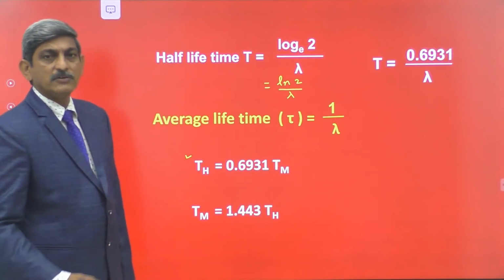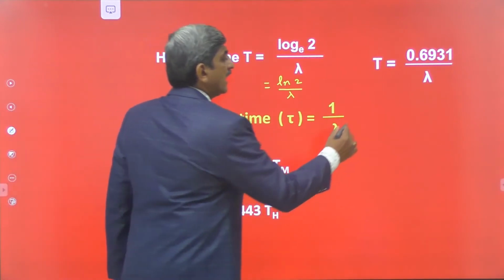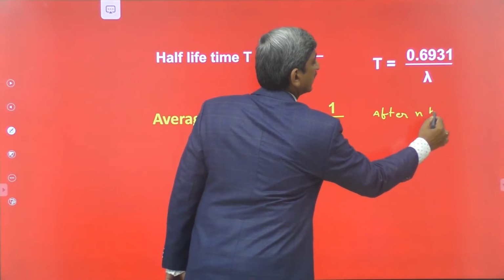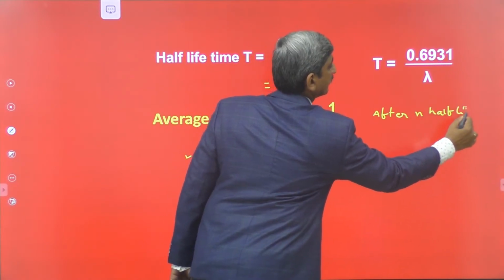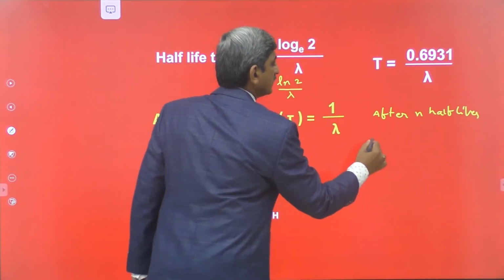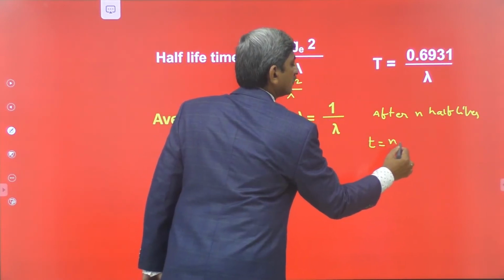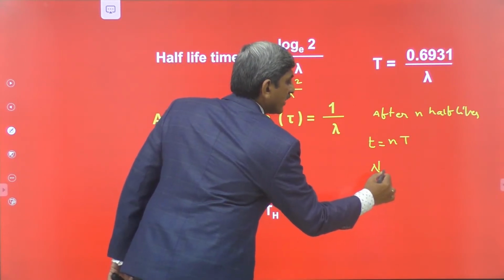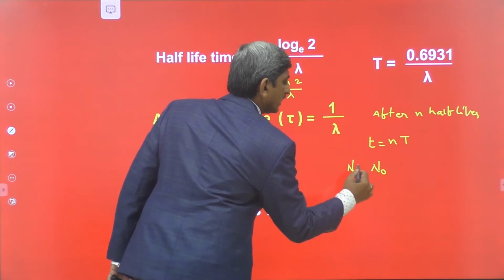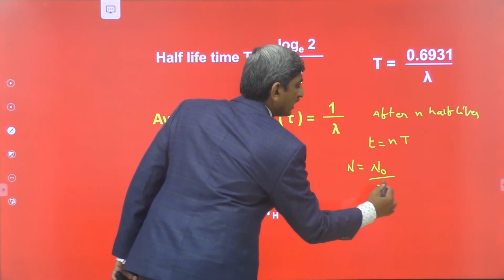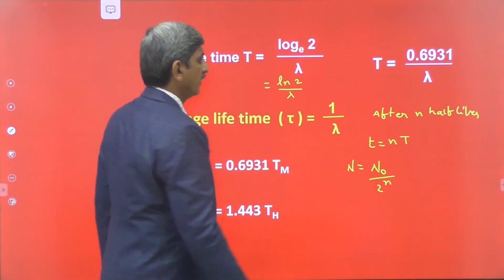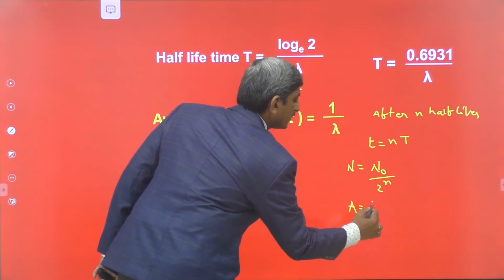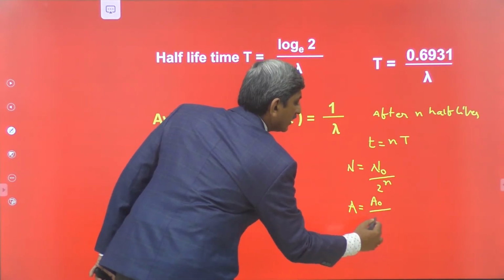In addition to that, we studied three more formulas. After n half-lives, that means when the time t is equal to n half-lives, the number of radioactive nuclei present is given by N is equal to N naught by 2 power n. Similarly, the activity of the sample is given by A is equal to A naught divided by 2 power n.